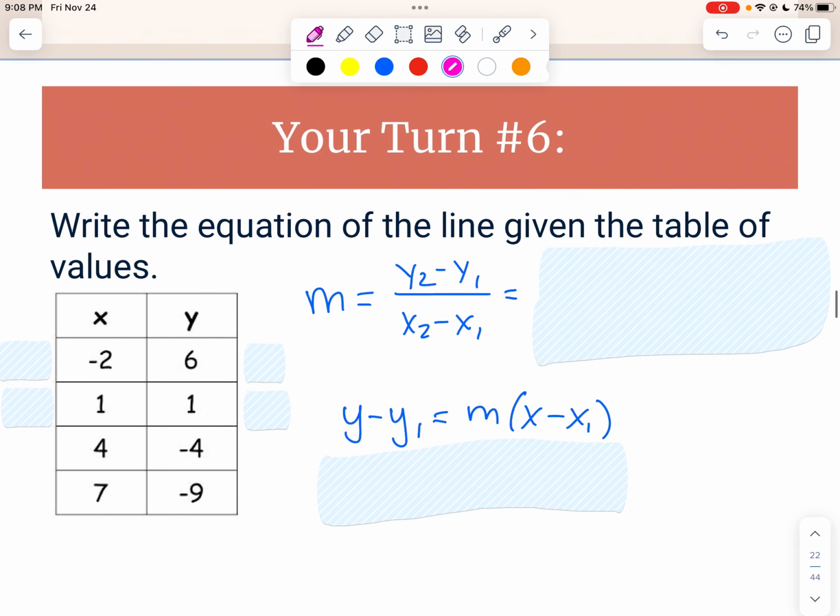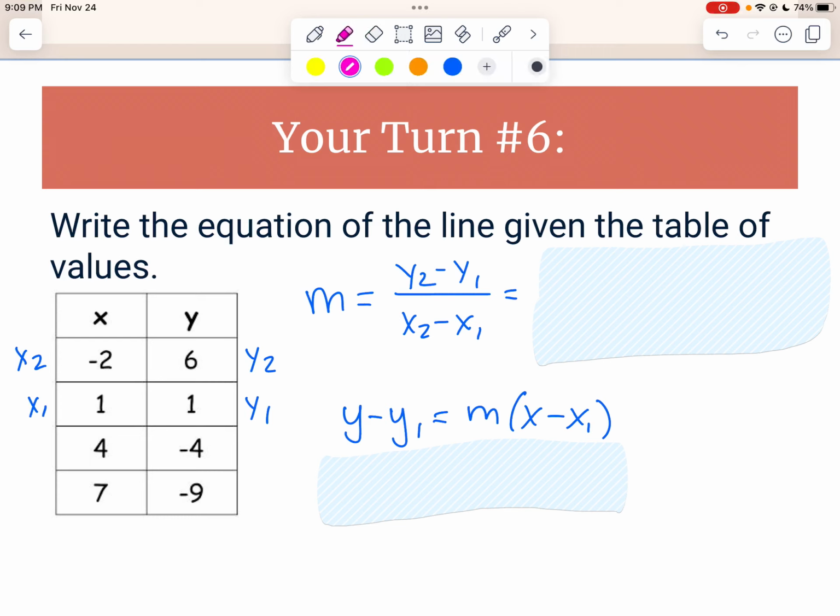Your turn, number 6. You're going to follow the same process. Now, to make yours consistent with mine, I'm going to label those for you. So I chose (1, 1) as my first x and y coordinate, and then I chose (-2, 6) as my second x and y coordinate. It really doesn't matter which one's first and which one's second.